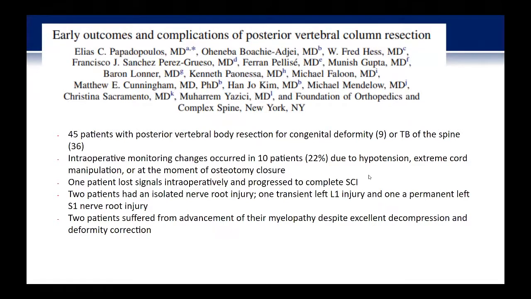They stated these were due to hypotension, extreme cord manipulation, or the moment of the osteotomy closure. One patient lost signals intraoperatively and progressed to a complete spinal cord injury, unfortunately. 2 patients had an isolated nerve root injury, 1 transient left L1 injury and 1 permanent S1 nerve root injury. 2 patients suffered advancement of their myelopathy despite good correction and decompression.